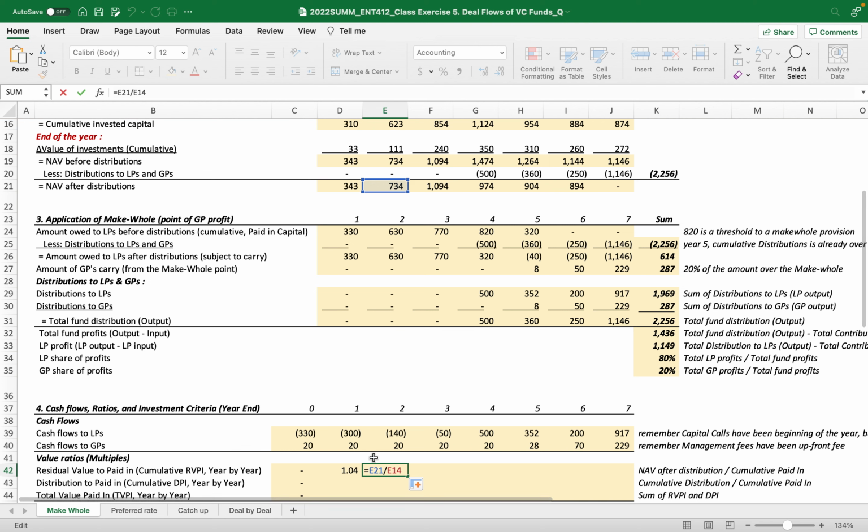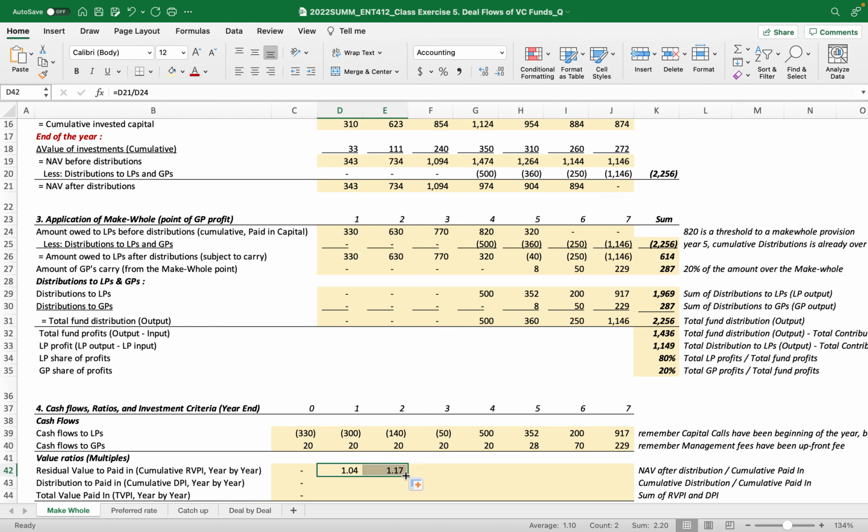Now we have to put, oh, sorry, not this one. Total paid-in must use this cumulative, right? And then let's just drag, and then we got these multiples.